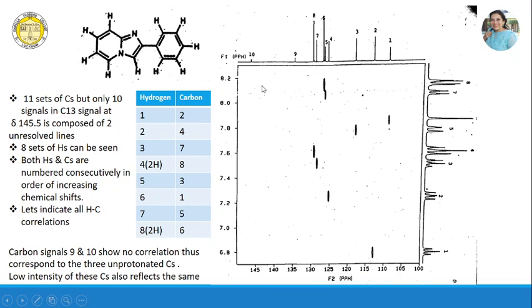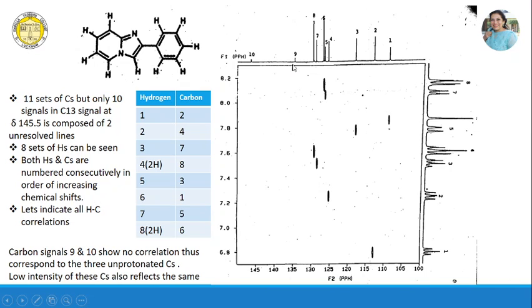Another interesting thing, you will notice that underneath the signals for 9 and 10, there are no correlation lines. What does that show? This shows that carbon number 9 and carbon number 10 have no correlation at all. That means these are the peaks for unprotonated carbons, and the low intensities of these carbons also reflect the same.